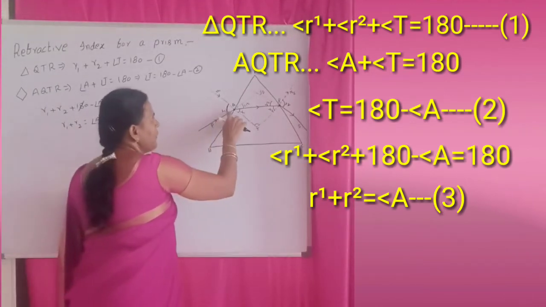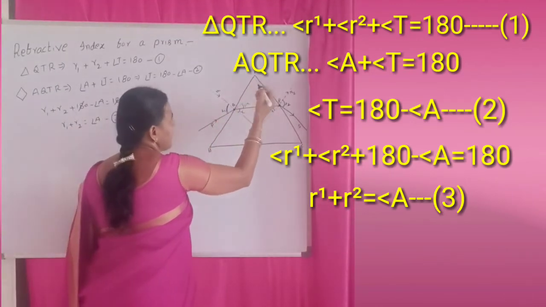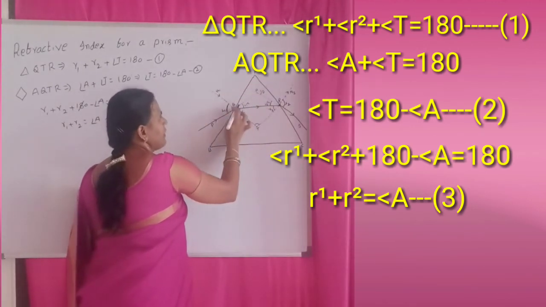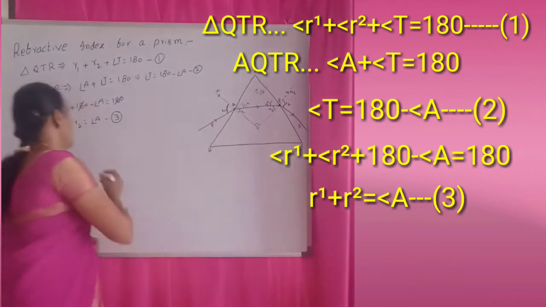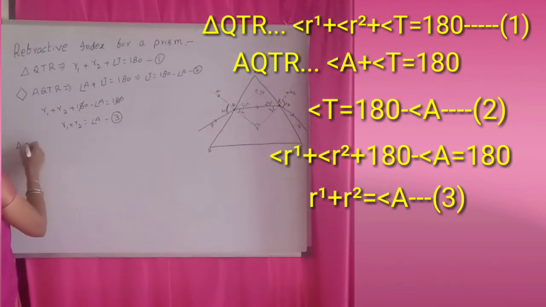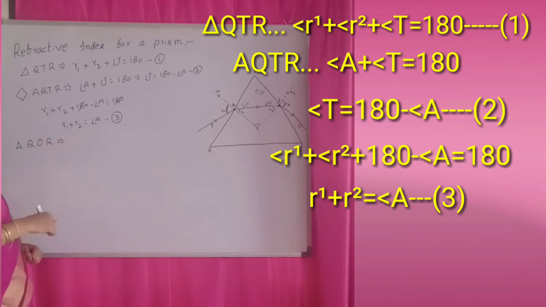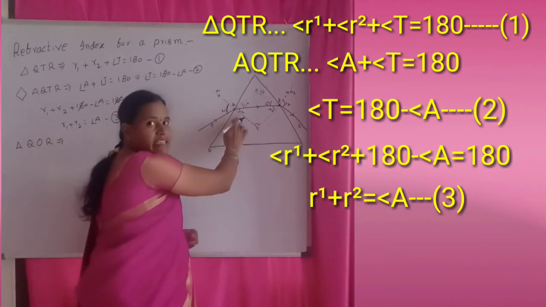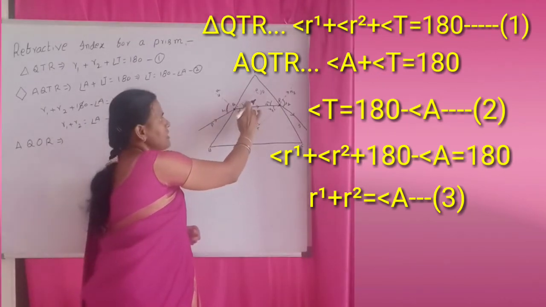Here Q, take any one point O. Triangle QOR. So here, what happens from this equation? At the Q point, on the downside, the angle is R1. But on the upper side, what is the angle?